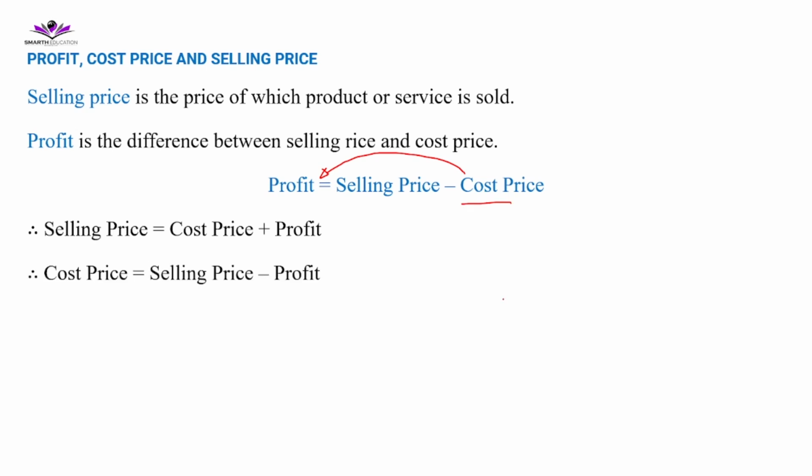To get the cost price, you can even start by transposing cost price to the left hand side and then transposing the profit to the right hand side. So it becomes cost price is equal to selling price minus profit. So these two, we can say basically they're coming from this one. Please take note of these formulae. We're going to use them in our examples.